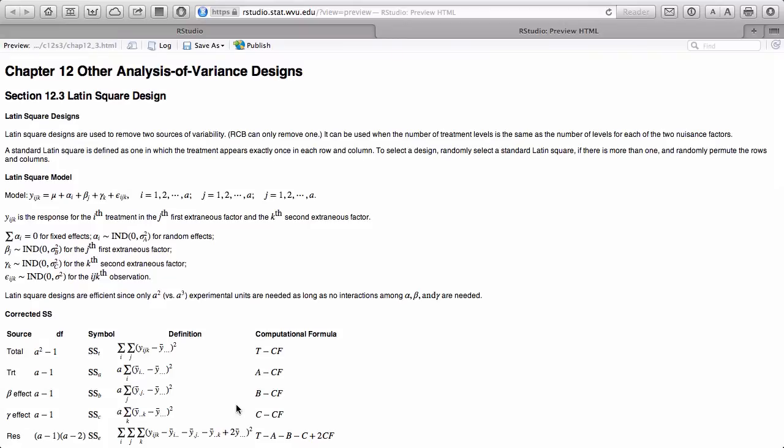The Latin square design is an attempt to control two sources of variability. So typically what you have is one treatment and two blocking factors. This came about in agricultural experiments. I'll show you where it came about.